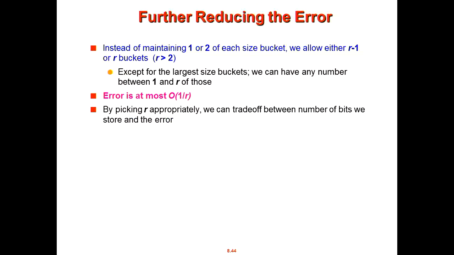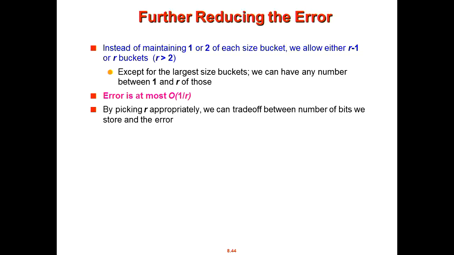You can further reduce the error. Instead of maintaining 1 or 2 buckets of each size, you can allow either r minus 1 or r buckets, where r is larger than 2. So you have more buckets, and as a result your space cost will be larger. Except for the largest size buckets, you can have any number between r minus 1 and r of those, and the error is at most 1 over r.